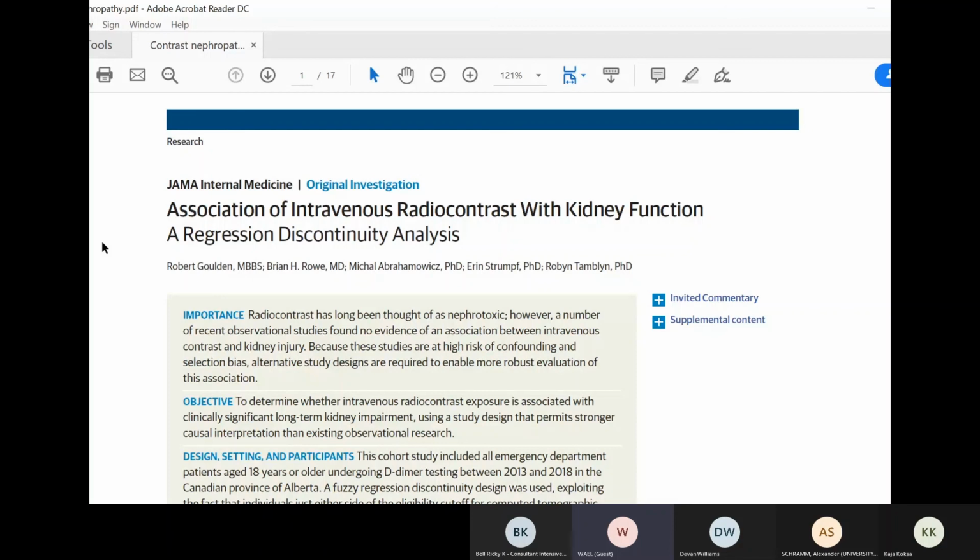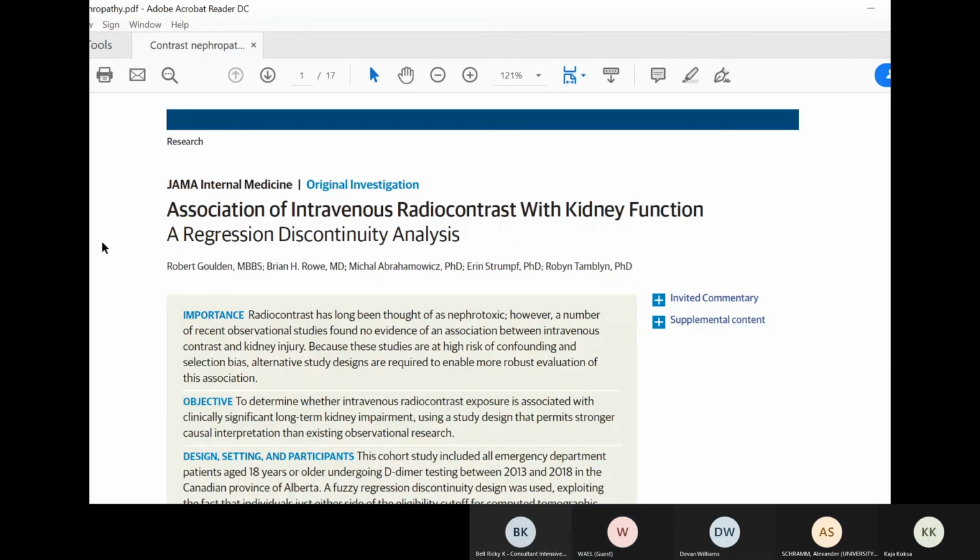The other issue is that they did not consider other indicators of kidney injury, like urine output or proteinuria. Rather, they stuck to the eGFR result. One more thing is that they did not subclassify the group of patients.